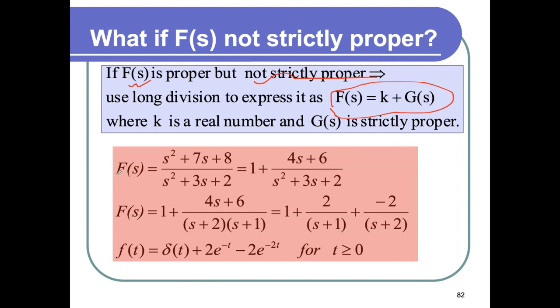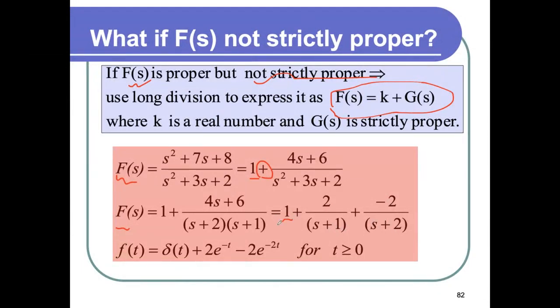For example, this function is equal to 1 plus something strictly proper. This 1 plus something strictly proper is simply 1 plus, again, you use partial fraction for this guy. You have 2 over s plus 1, and then you have minus 2 over s plus 2.